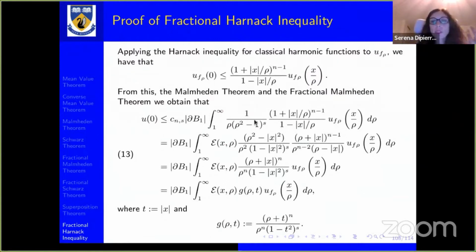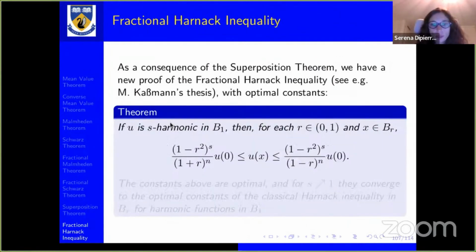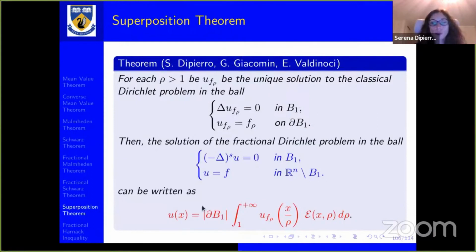The kernel was evaluated at x over rho. So I'm using this superposition: U of 0 is the integral of U f rho at 0, times the kernel at 0 and rho.